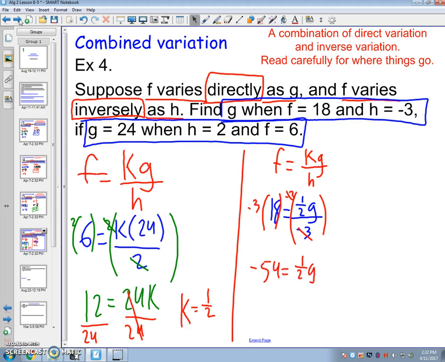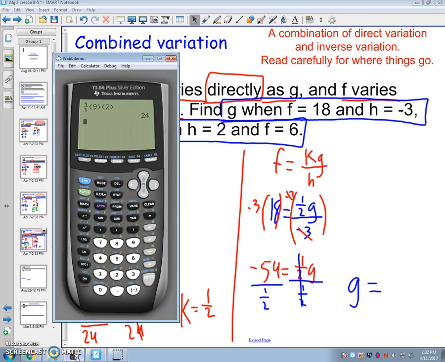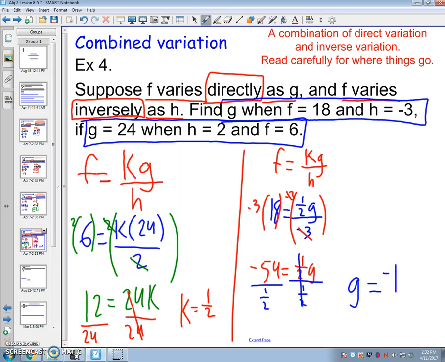I'm going to do this ugly step of dividing by a fraction, which you are allowed to do. If you put it in the calculator, which I will show you, we'll get what g is. It's a fraction, -54 on top, divided by another fraction, 1/2. You get -108, and that is our answer.